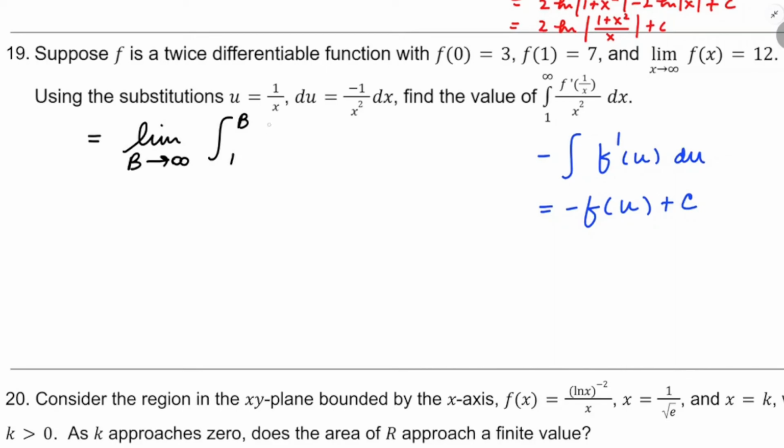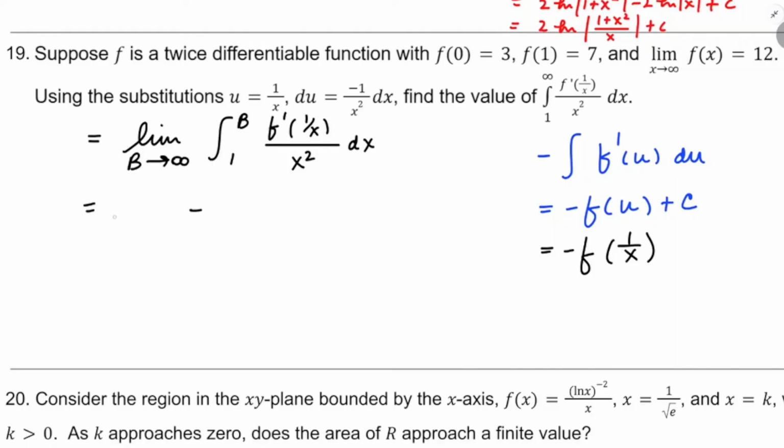F prime of 1 over x divided by x squared dx. And now I've got an antiderivative. That's negative f of, pardon me, I forgot to substitute back 1 over x, because those 1 and b are going to be x values.